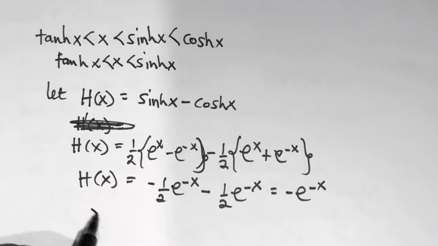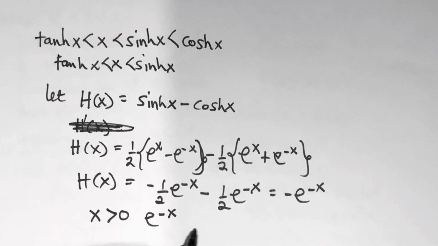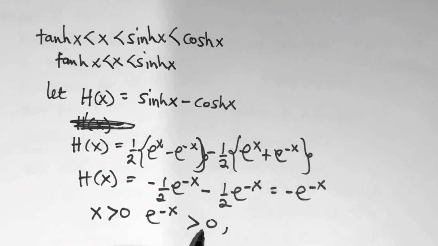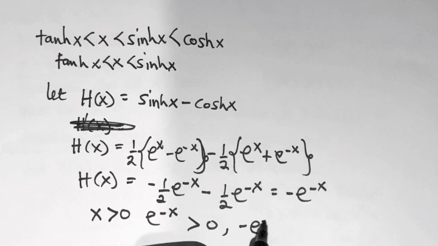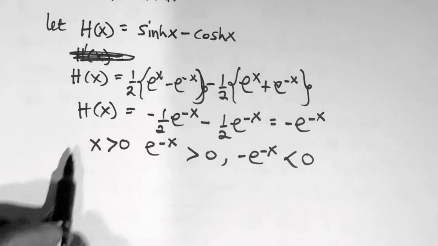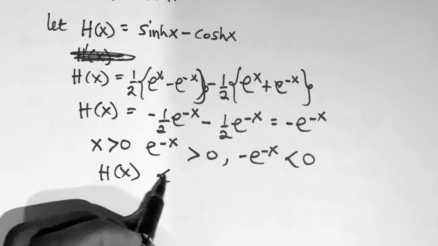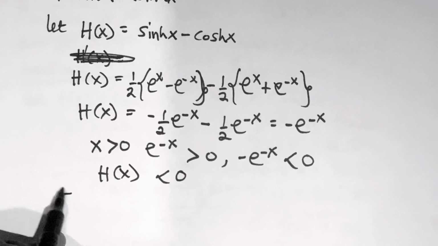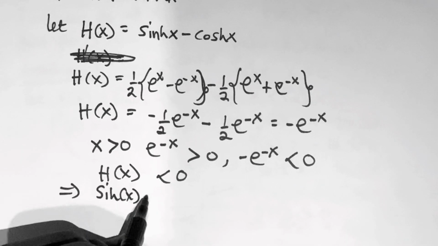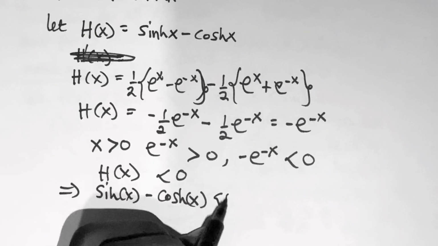Now for x greater than 0, exponent minus x would always be greater than 0. So minus exponent minus x is going to be less than 0, and therefore h of x is less than 0. So this implies that hyperbolic sine x minus hyperbolic cos x is less than 0.